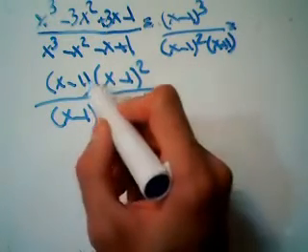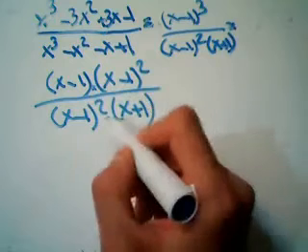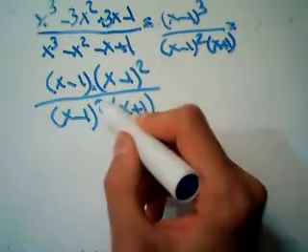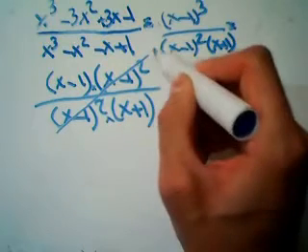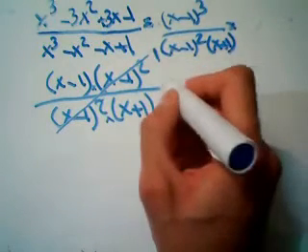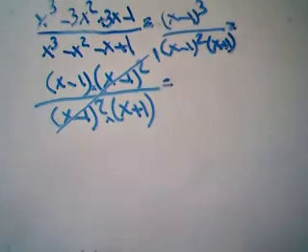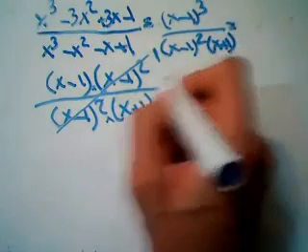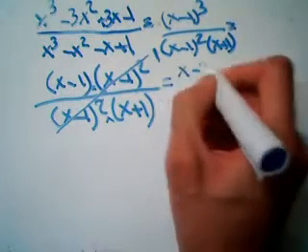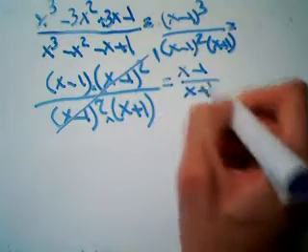This is a multiplication, as you know, so this one over this one would be 1, the whole thing. So that would be equal to (x minus 1) over (x plus 1).